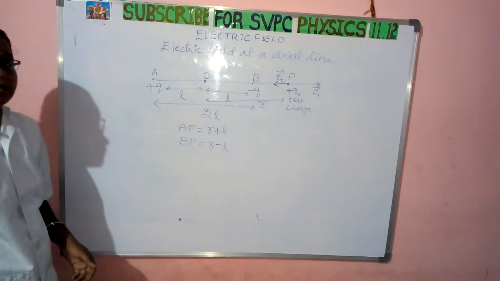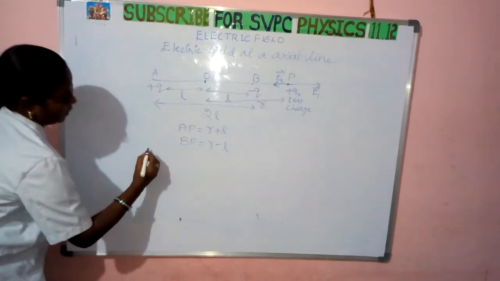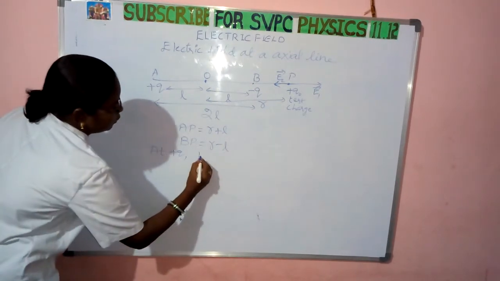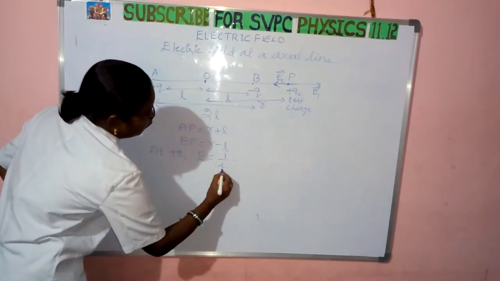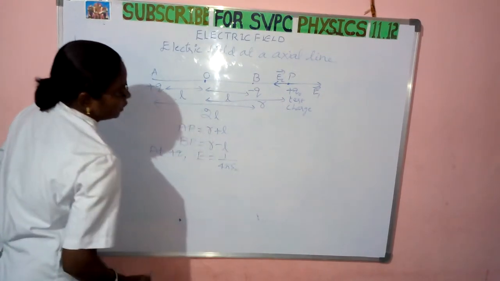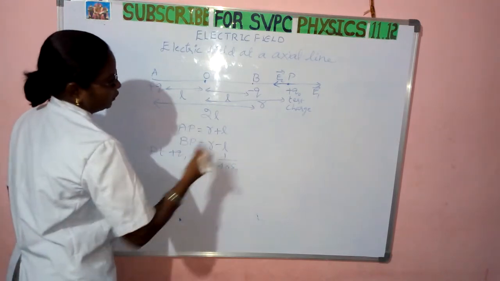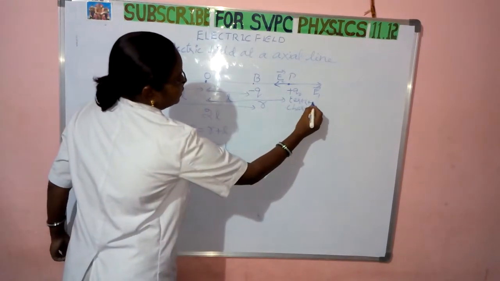Now you know the electric field intensity at plus Q. E is equal to 1 by 4 pi epsilon naught, Q1 Q2 by R square. Q1 is plus Q. Q2 is plus Q naught, which means plus 1, as it is a test charge.